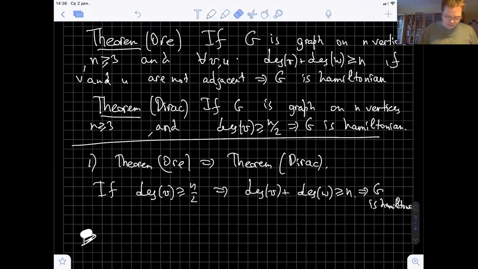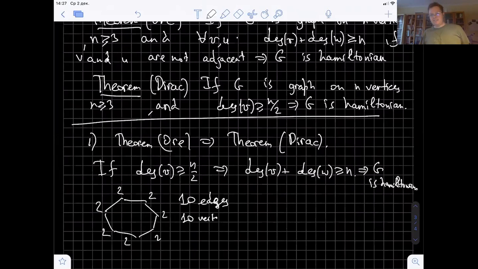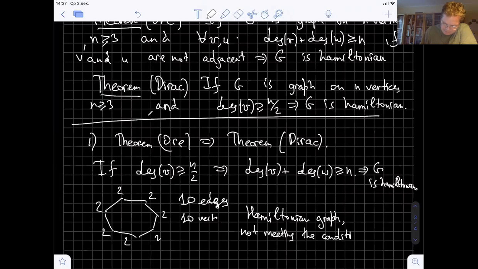If we look at a cycle through 10 vertices, it has 10 edges and 10 vertices, and each vertex has degree 2, so it doesn't meet the conditions of the theorem, but the graph is Hamiltonian.